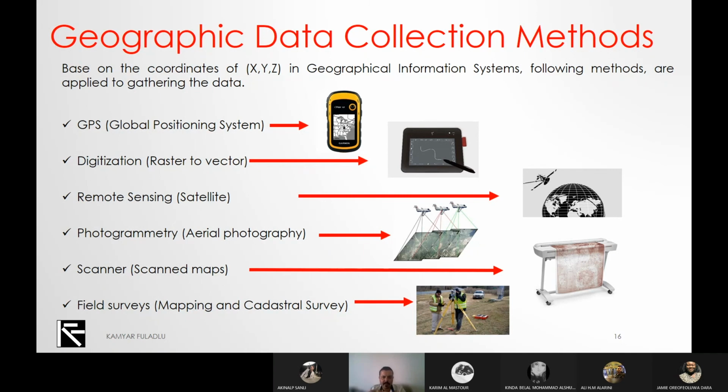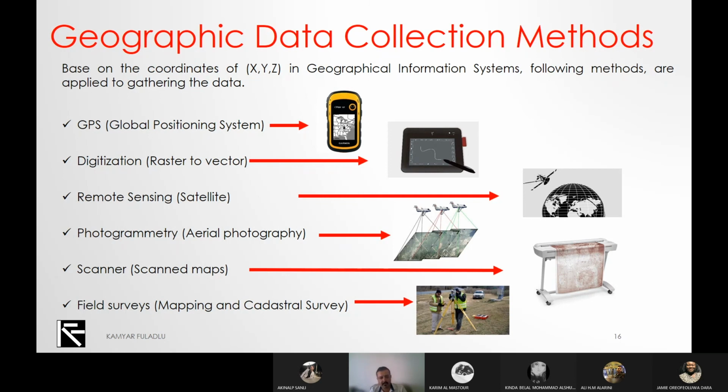They put this overlap together and make a big, let's say, image, and then start to transfer it to the real map. And this is about photogrammetry.